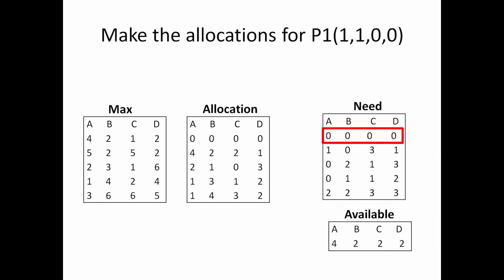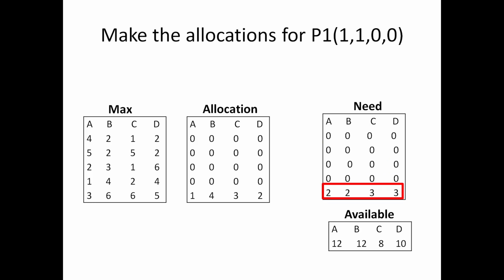Now we have to check the possibility of completing the next process, and that process can also be completed. So we just allocate resources and get them back. In this way we keep completing each process, and finally we can definitely complete the last process.